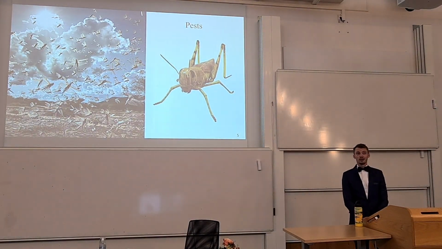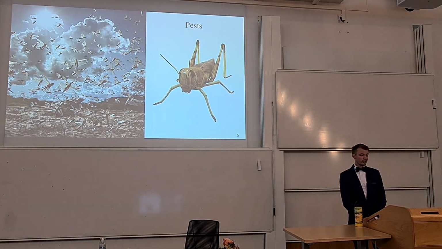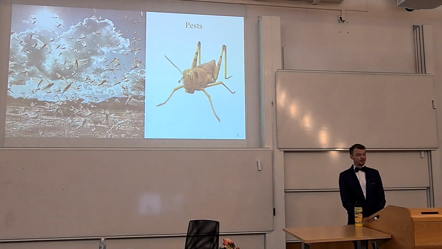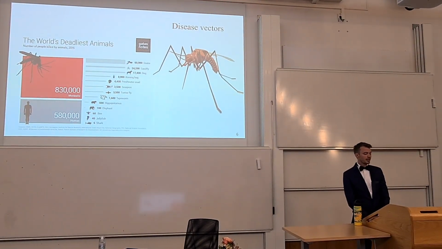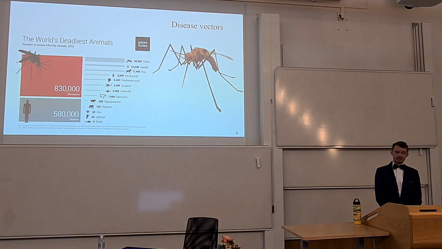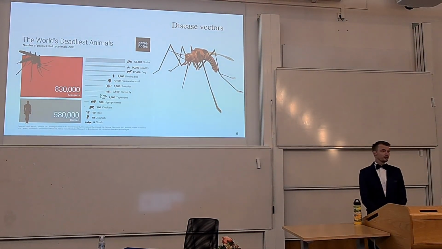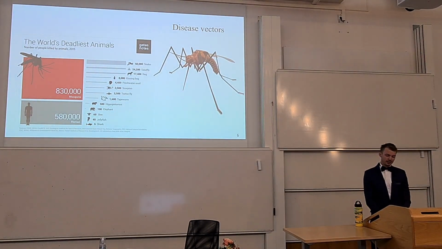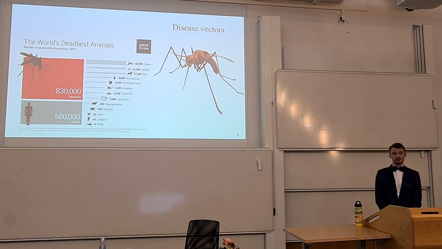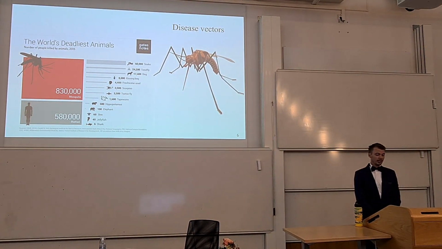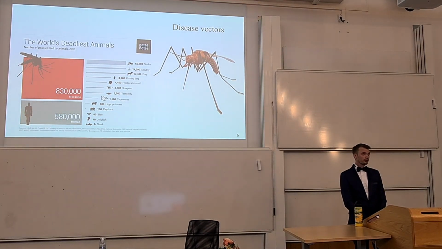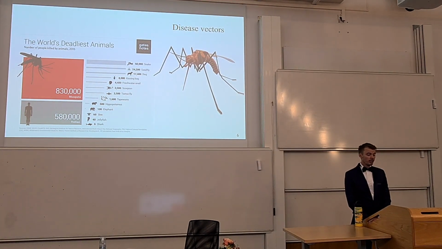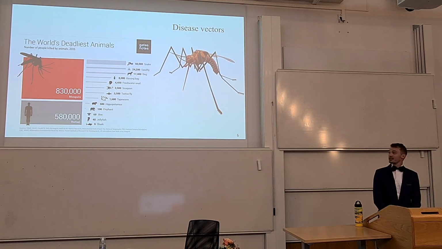Pests can cause large crop failures, which can lead to starvation. And other insects spread diseases. The mosquito kills more humans than any other animal by spreading diseases such as malaria and yellow fever. They kill more of us than we manage to do ourselves, including all war and violence. We still only come in second place after the mosquito.